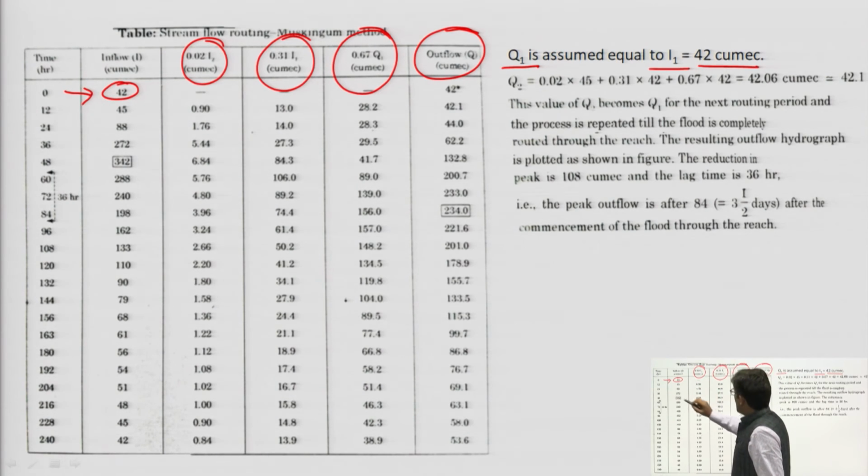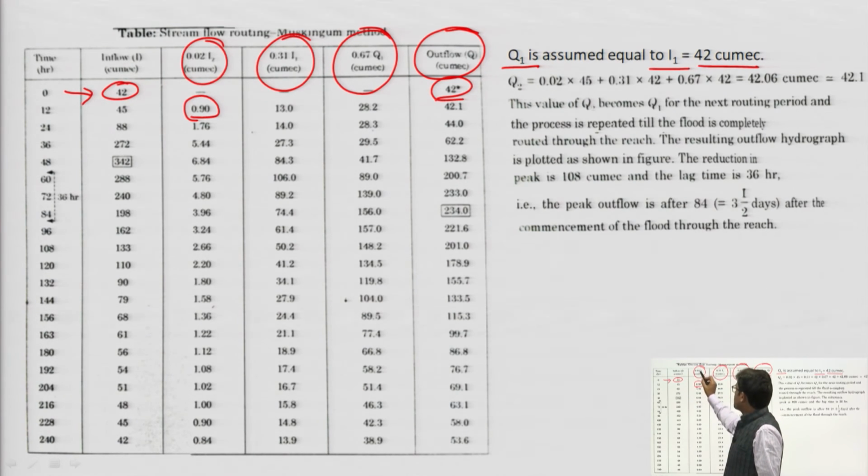At time t equal to 0, the inflow is 42 and the outflow is 42. That has been told in the question: at the start both are the same. For the value of 0.02 I2, this is I1 and this is I2.